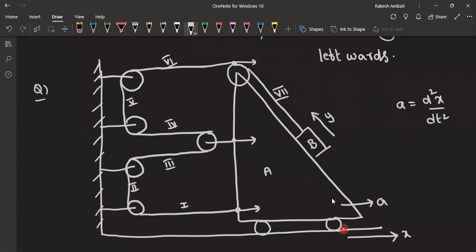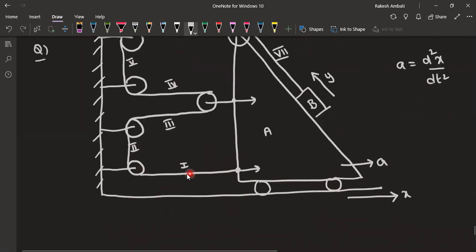If the wedge is moving rightwards through distance x, the first segment length increases, so x1 becomes plus x. Then it is a fixed pulley, so this distance doesn't change.